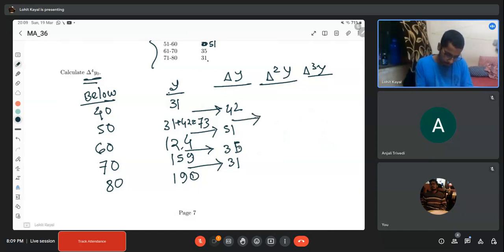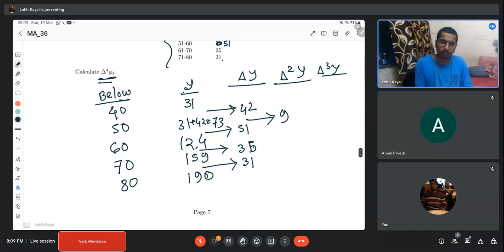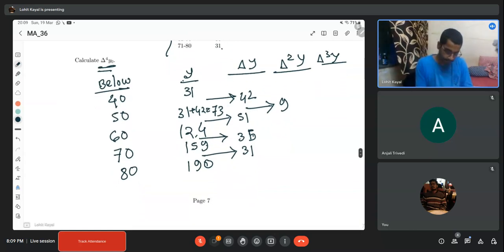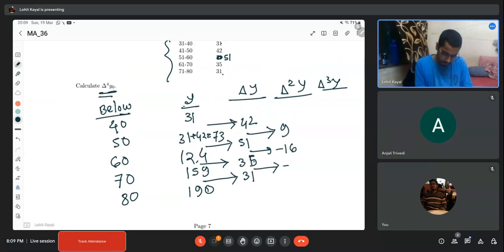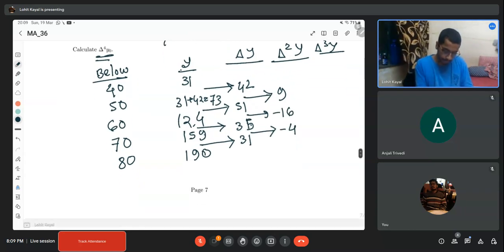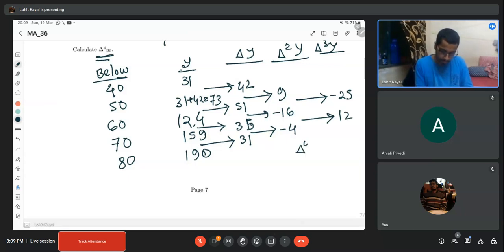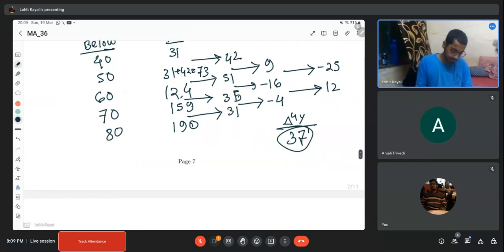Now this value is 9. If I'm making mistakes, please correct me. This value is minus 16. This value is minus 4. So this value will be minus 25 and this is plus 12. So delta to the power 4 y is 12 plus 42. So this is 37. Okay.